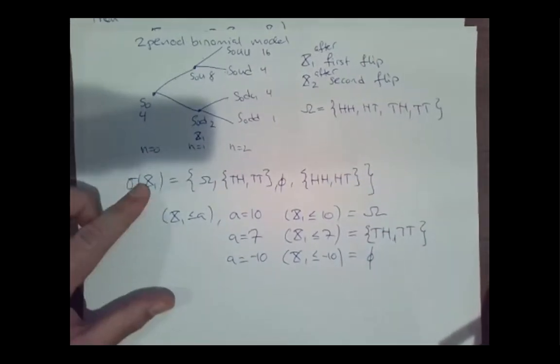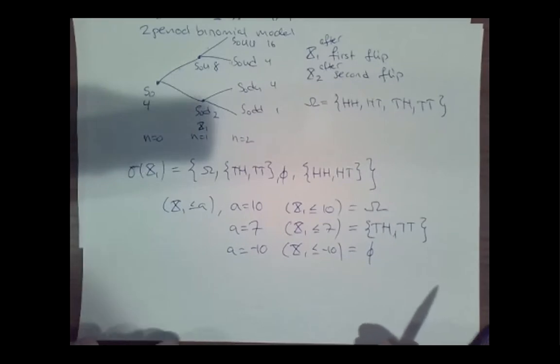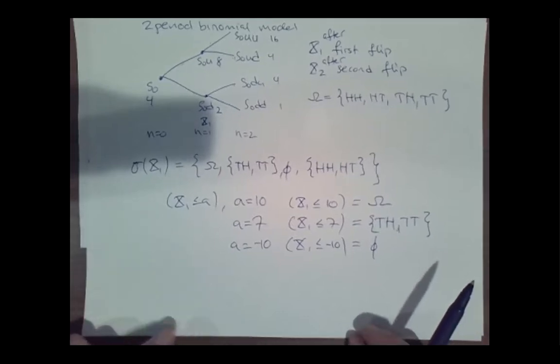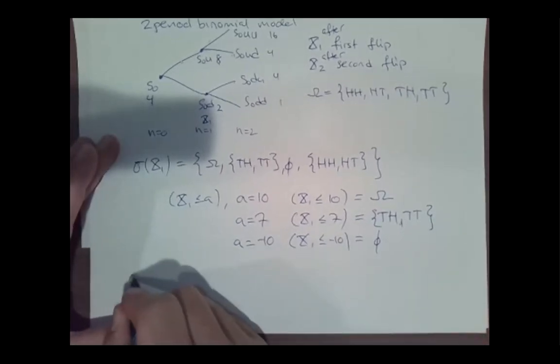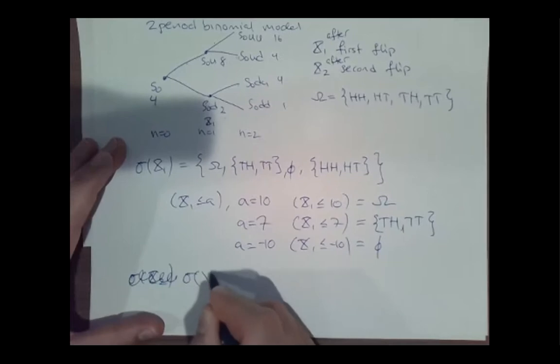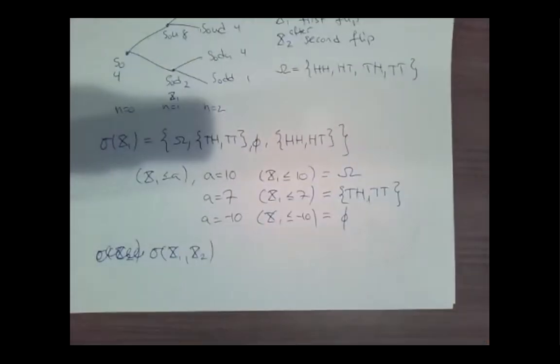So that was my sigma of x1. Now what's going to happen with sigma of x1 and x2? Well, now in addition, I also have to make x2 measurable.